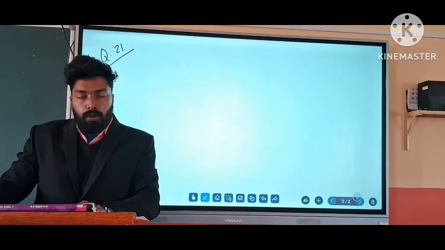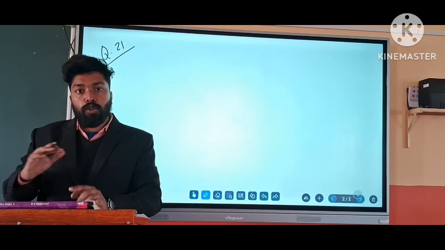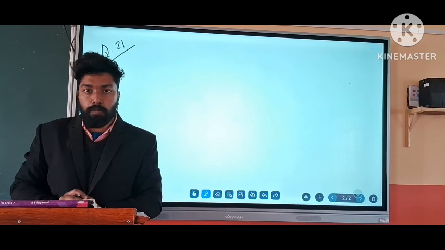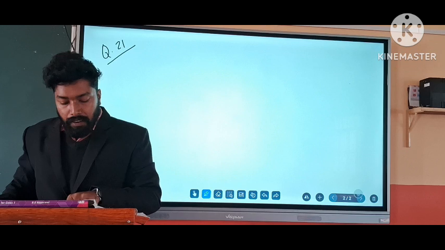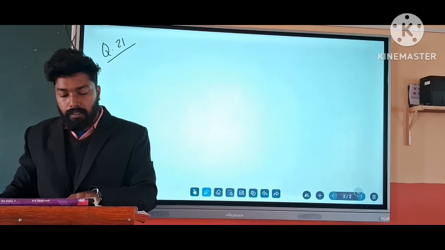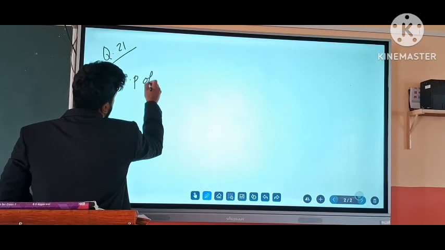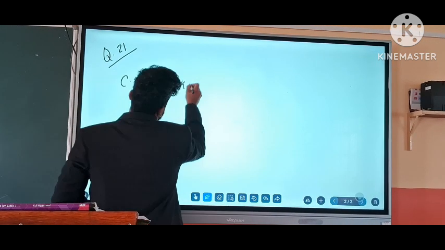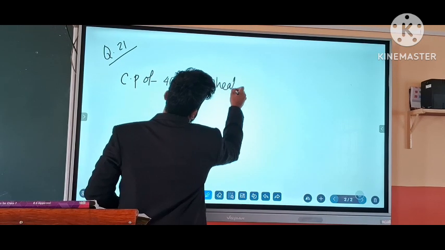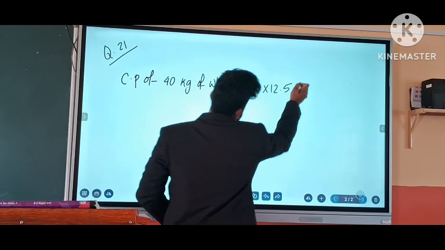What we need to find out here is the cost price of the whole business. It is given 40 kg of wheat at 12.50 per kg. So the cost price of 40 kg of wheat is equal to 40 into 12.5.